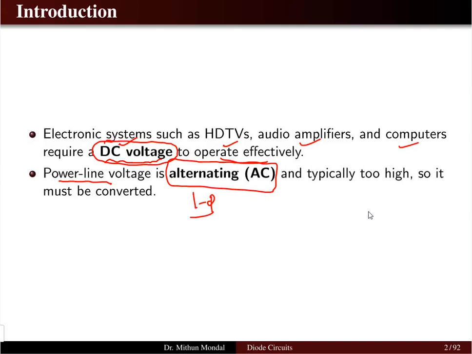The DC voltage requirement may not be met because the AC voltage is typically too high, so it must be converted. We need to convert the AC voltage into DC voltage, and this requirement will be fulfilled with the use of rectifiers, and the rectifier needs the diode.